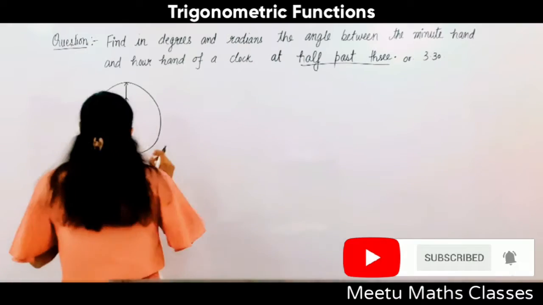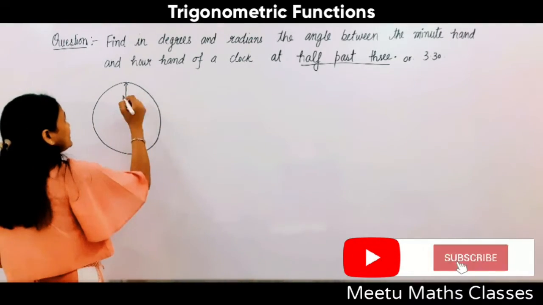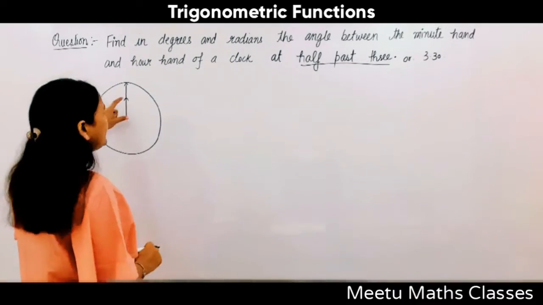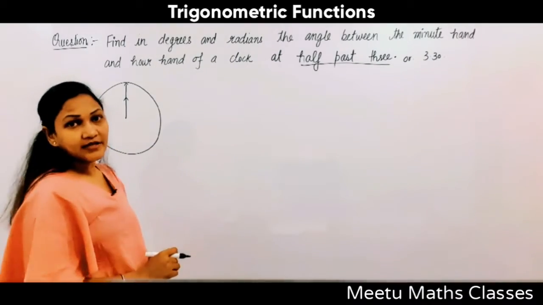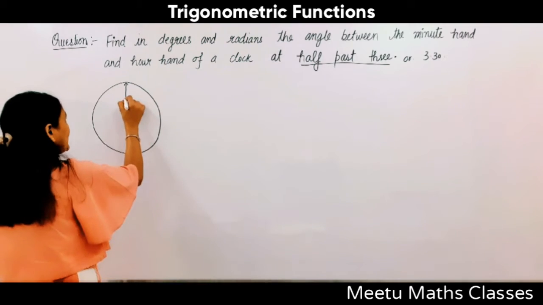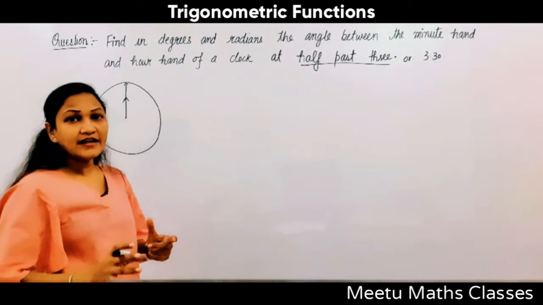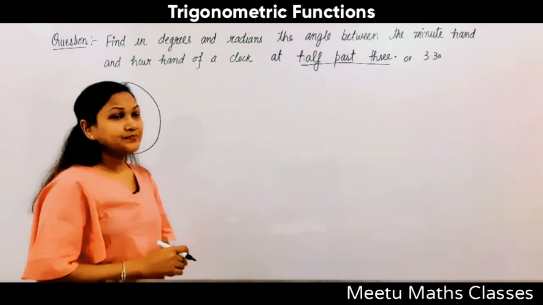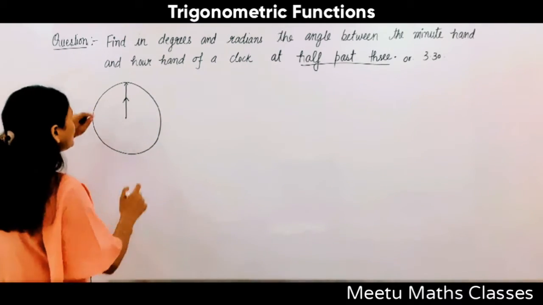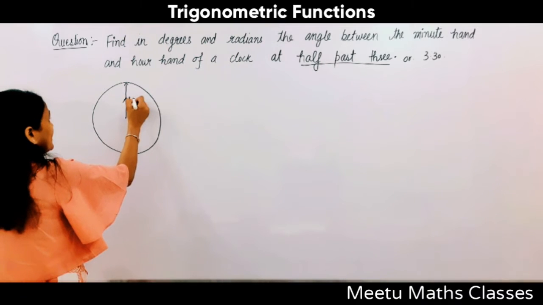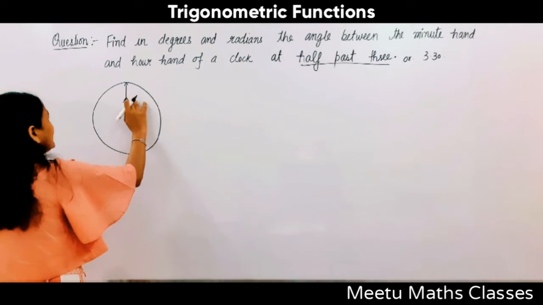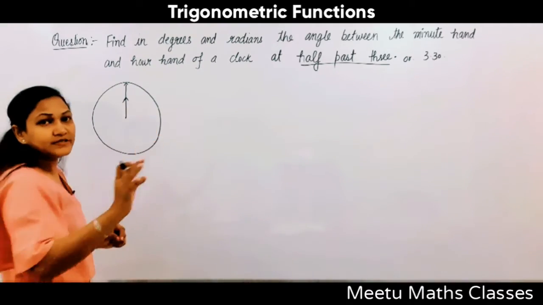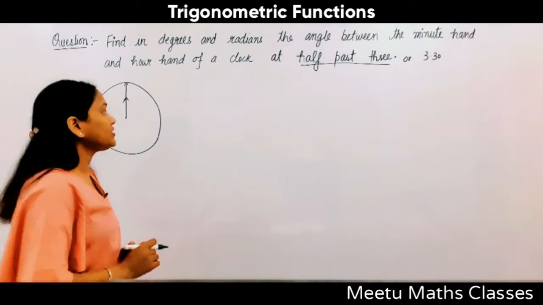So let us first try to find out the angle traced by the hour hand in 3 hours 30 minutes. We know that the hour hand completes one rotation in 12 hours. तो जो hour hand होता है आपका, वो पूरे 12 आवर्स में 360 डिग्री कवर कर लेता है, वन रोटेशन ले लेता है.